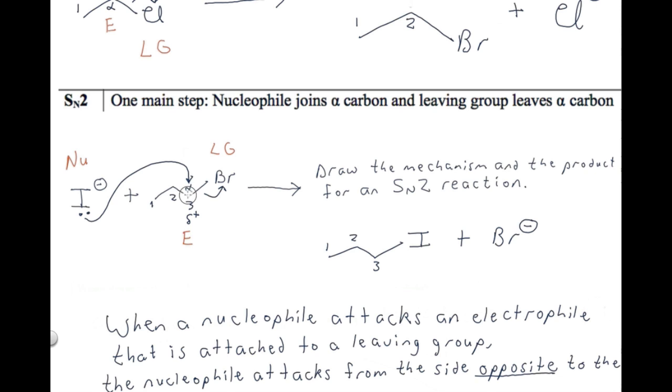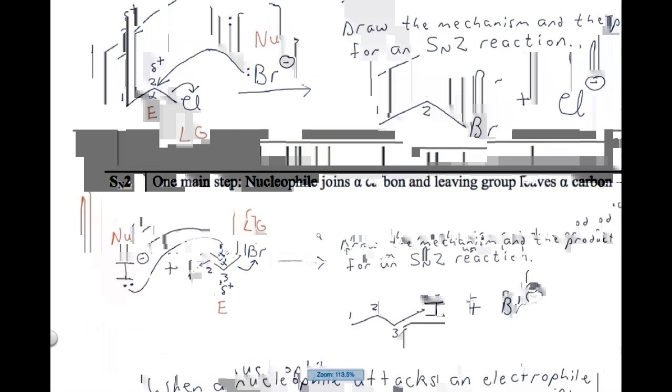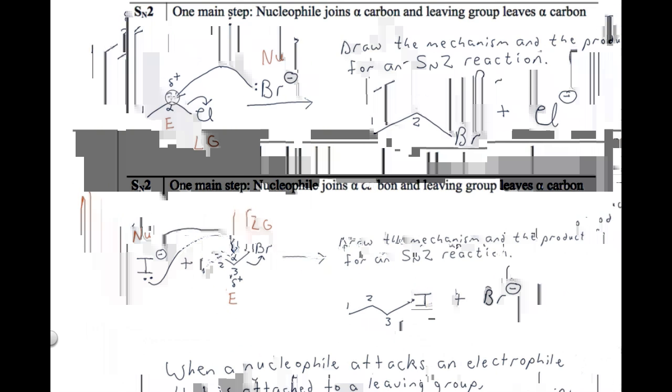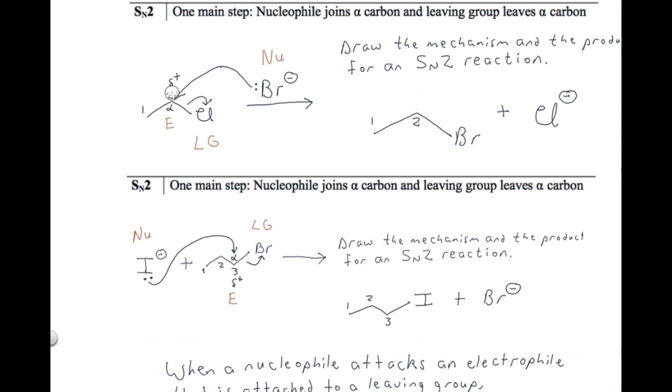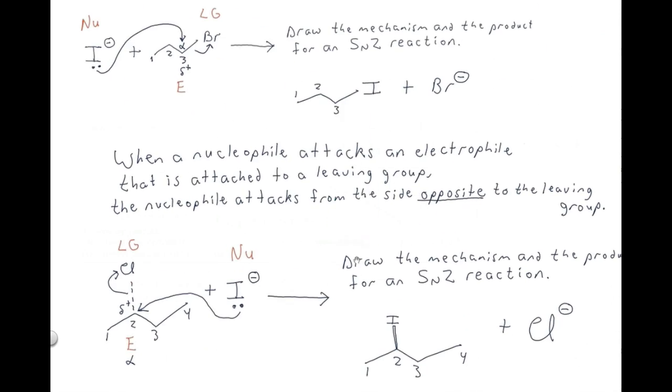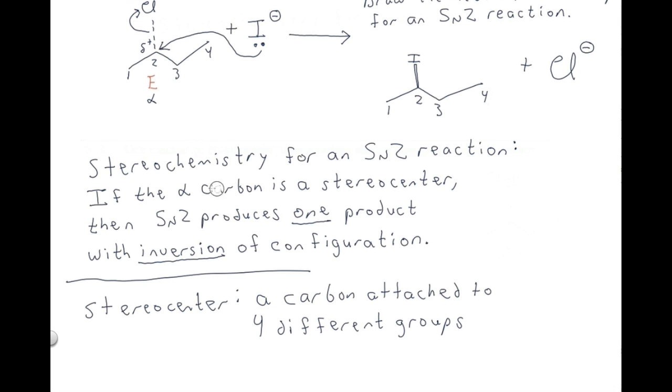Because carbon 3 is attached to two identical hidden hydrogens, carbon 3 was not a stereocenter in this problem, and therefore stereochemistry was not relevant for this problem. For the same reason, stereochemistry was not relevant for this problem, because carbon 2 was not a stereocenter. So stereochemistry is only relevant for SN2 when the alpha carbon is a stereocenter.